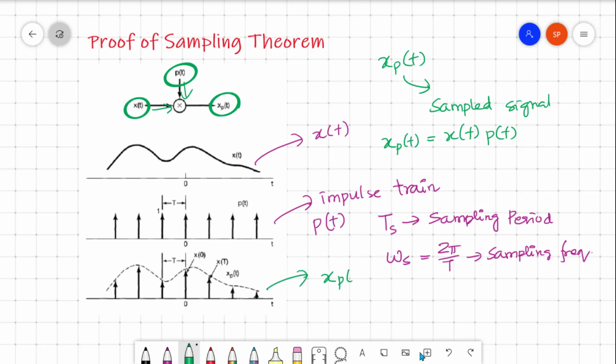You can also see that the sampling period is capital T in this diagram, which is the same as the sampling period of the impulse train, mathematically expressed as p of t is equal to summation n varies from minus infinity to plus infinity delta of t minus nT. It is a train of impulses, so that's why we are representing it like so. p of t is the impulse train.